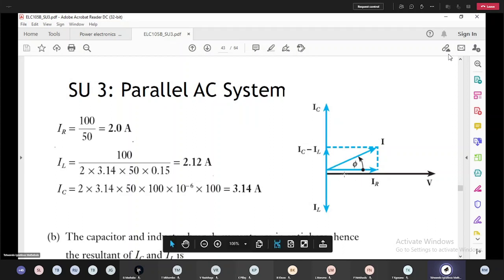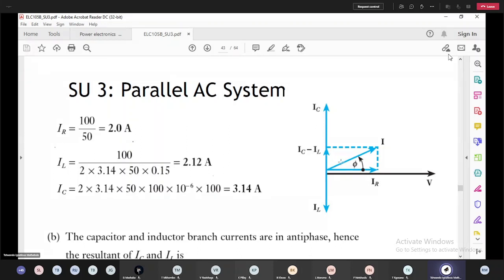So what do we see here? We see that along the y-axis, I've got two currents, that is IC and IL, and obviously they are of the opposite sign in a sense, depending on where you position them. When one is leading, one is lagging. The lagging one is positioned at minus 90 degrees, the leading one is positioned at 90 degrees.